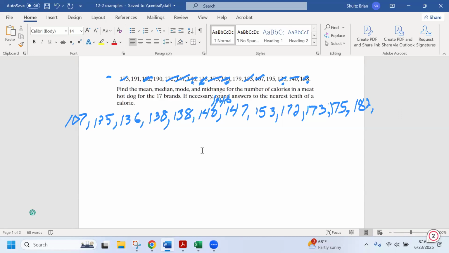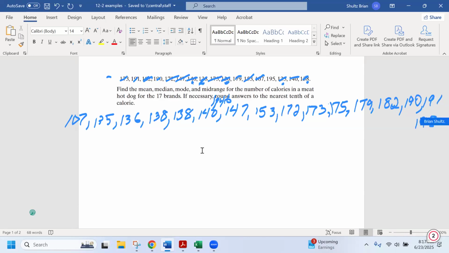I'm going to change that one right now because I got the room to. 179, 182, 190, 191, and 195.